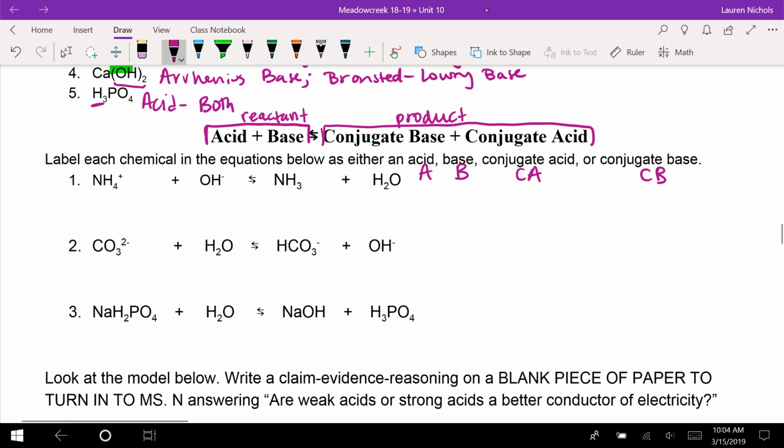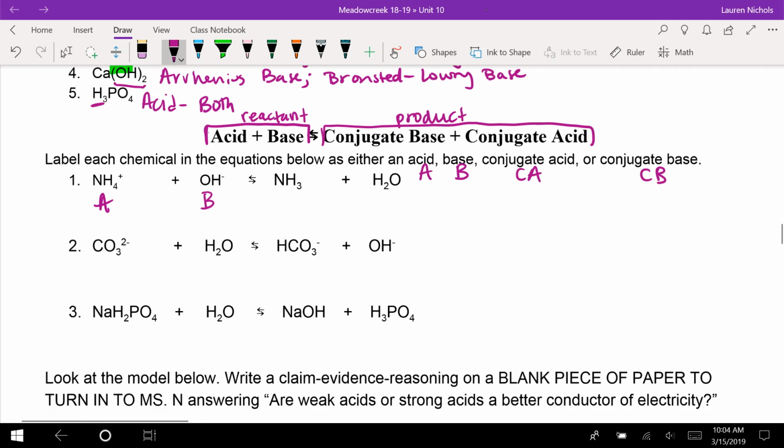The first thing that stands out to me is I see OH minus. That has to be a base. It's the definition of an Arrhenius base. So if that is the base, then that means NH4 has to be the acid, because the only thing that can be on the left side of the arrow is one acid and one base in a neutralization reaction. And so the acid is NH4. I see NH3 on the other side.